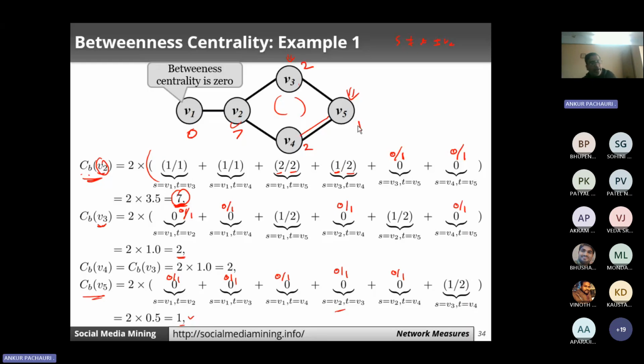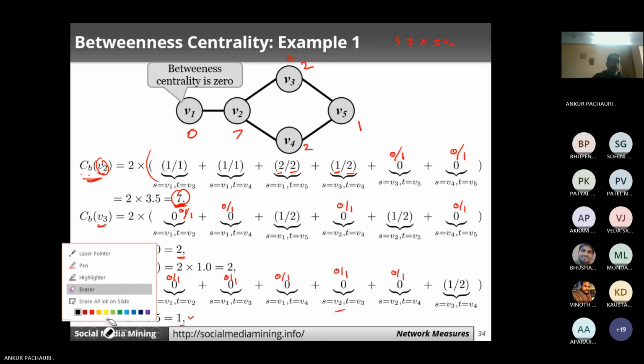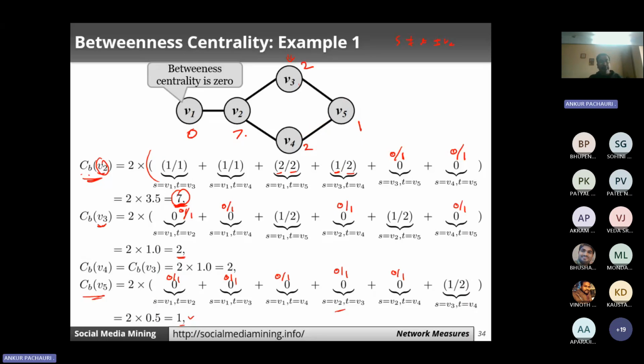So if I arrange them in an order, which is the node having highest betweenness centrality? Node number 2, and betweenness centrality comes out to be 7. So highest betweenness centrality is of V2, which is 7.